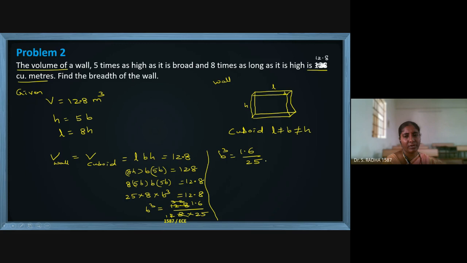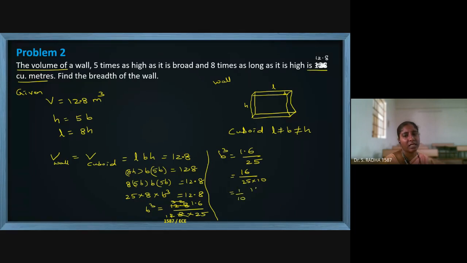1.6 divided by 25. With 1.6, we have no simplification, so for easy understanding, I will multiply numerator and denominator by 10. 25 into 10, the 10 I will put as it is, the remaining thing I will just cancel.